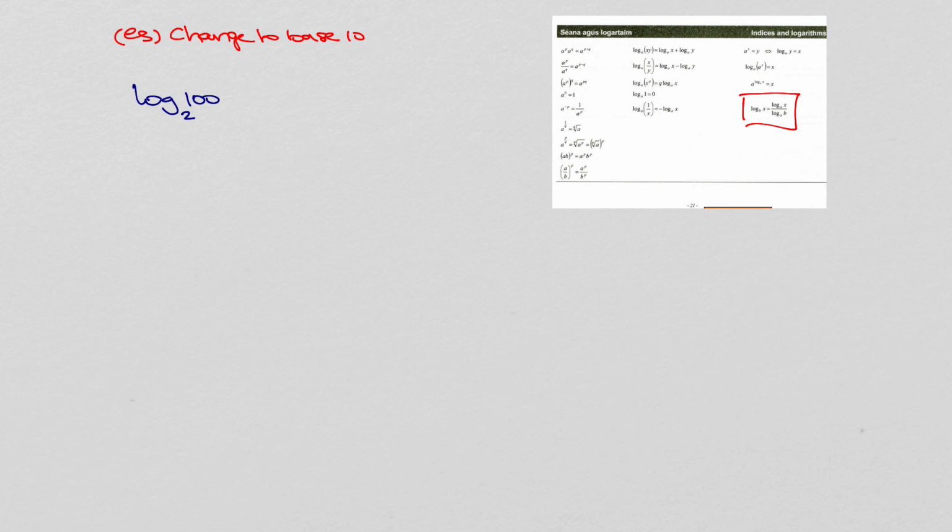So here we're just going to focus on changing the base rather than having it as part of an equation. So I'm being told that I have to change to base 10. So what am I changing? Well, if I look at the question, I have log 100 to the base 2. So what that basically means is we're changing base 2 to base 10. So that means that if we look at the equation, 100 is going to be x, the old base is going to be 2, and A, the new base, is going to be 10.